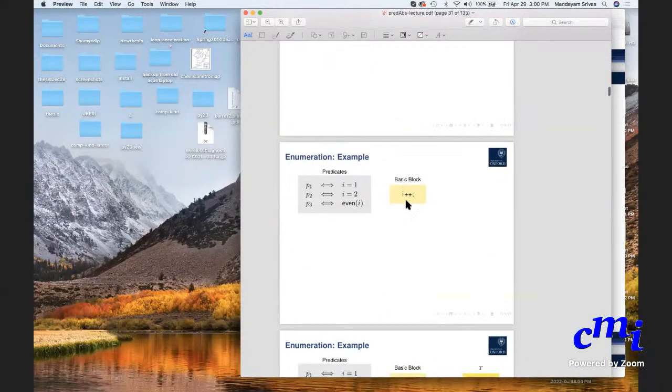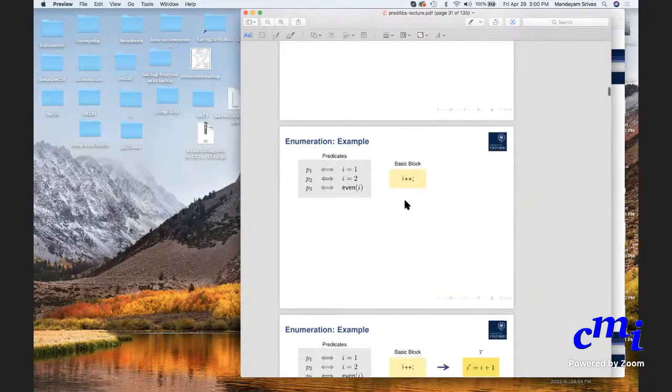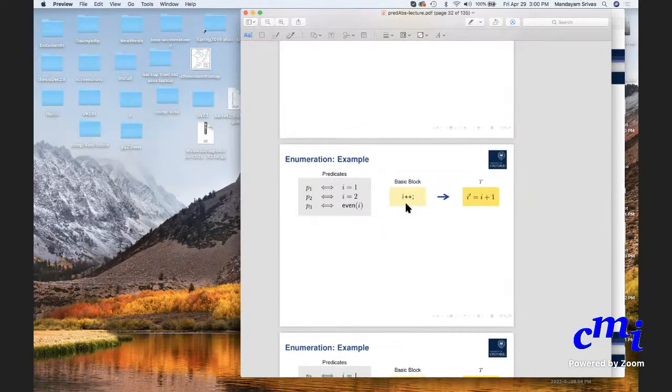And suppose I have a basic block in a program, I++. So I plus plus is the statement. The concrete transition relation is defined as here: I prime, the successor state, is I plus 1.